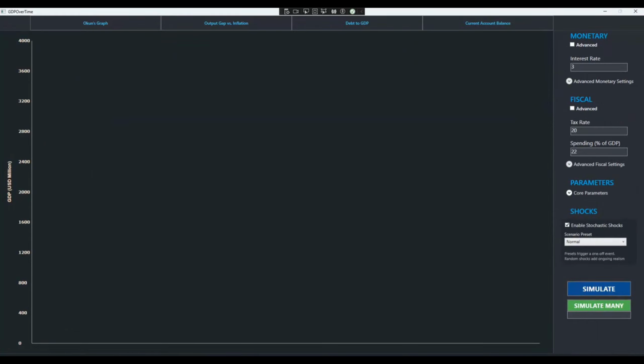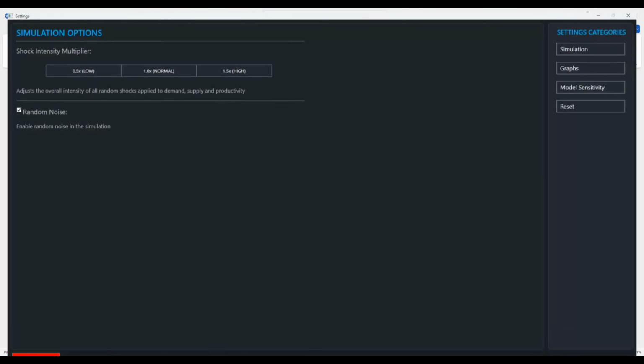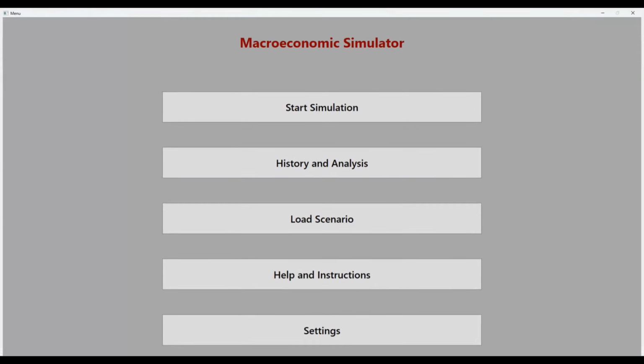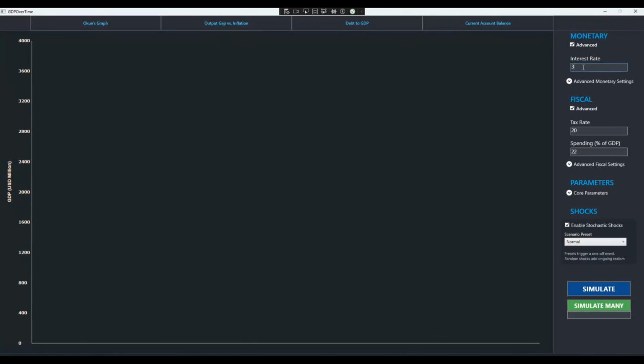So starting off with a low policy responsiveness strength. Simulating 10 years. We'll simulate 20 years, 10% interest rates, and a low policy responsiveness strength.